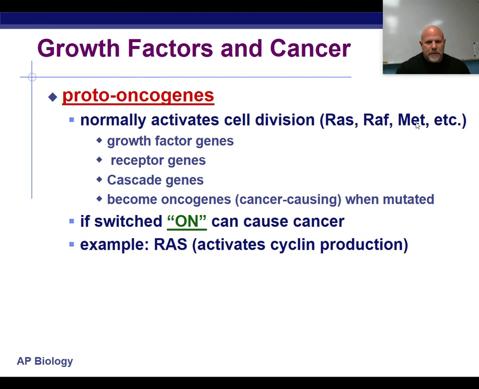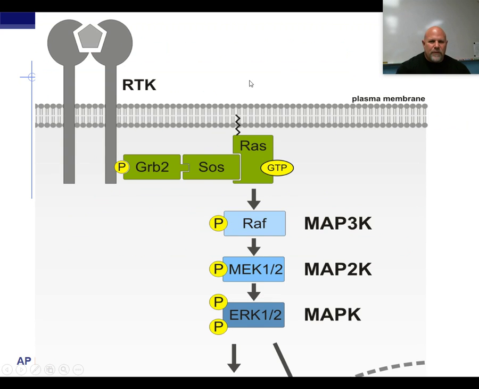If you look at the signal for normal mitosis, a growth factor is going to bind to the receptor tyrosine kinase receptor, and it's going to cause a cascade. And during this phosphorylation cascade, there's lots of involved enzymes.